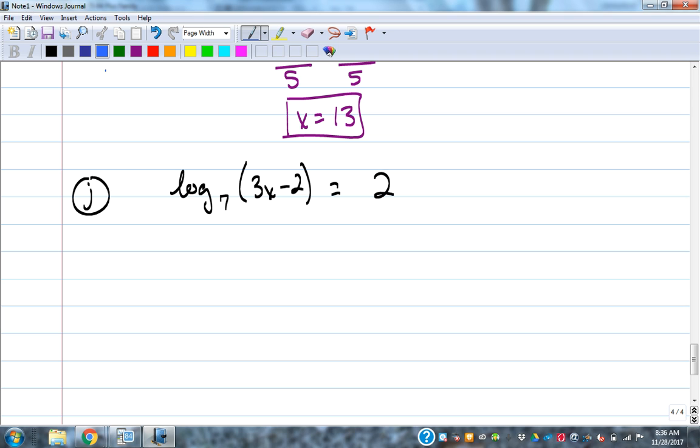I got to exponentiate with a what? 7. So I'm making 7 the base on both sides. That's kind of how I usually write that work instead of writing that extra step. That leaves us 49 on the right side. The log base 7 and the base 7 cancel out over here, and it's just 3x minus 2 there.